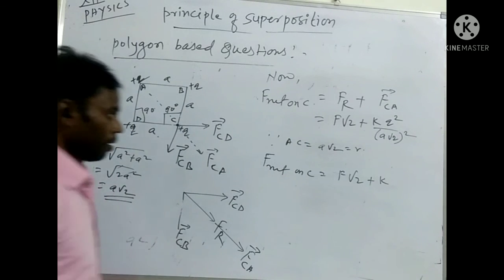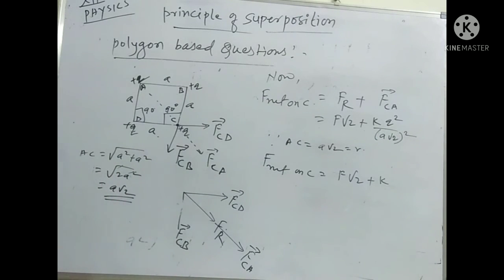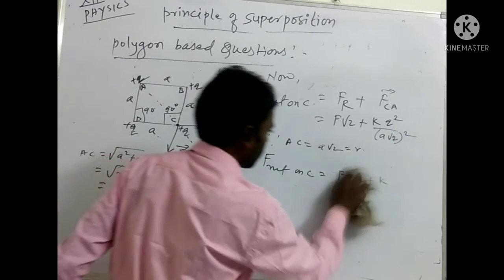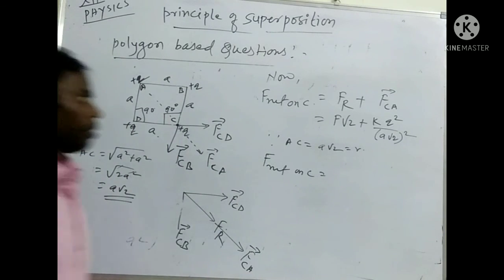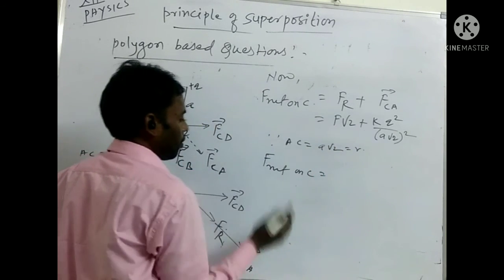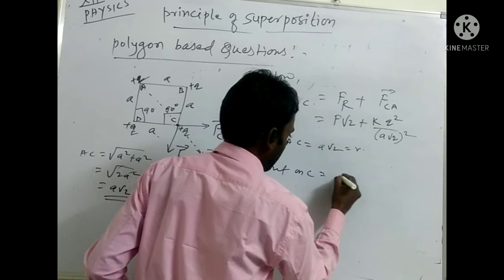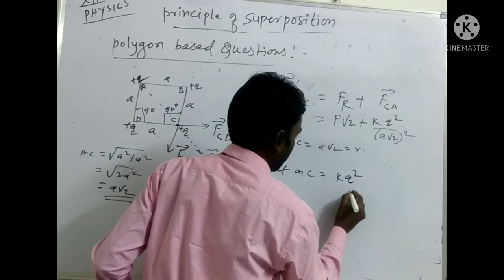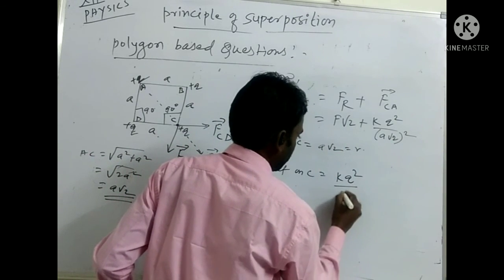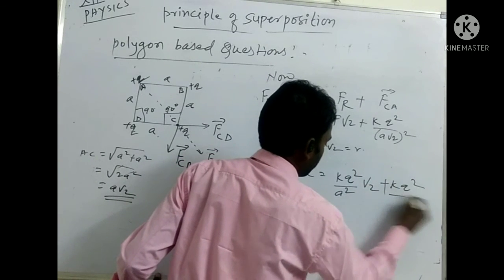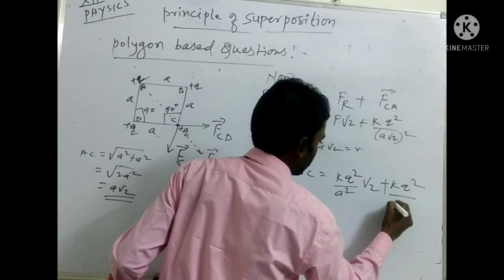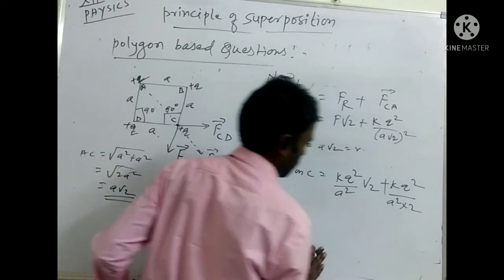Now you can directly put the value of force here. Net force equals kQ square divided by a square into root 2 plus kQ square divided by a square into 2.